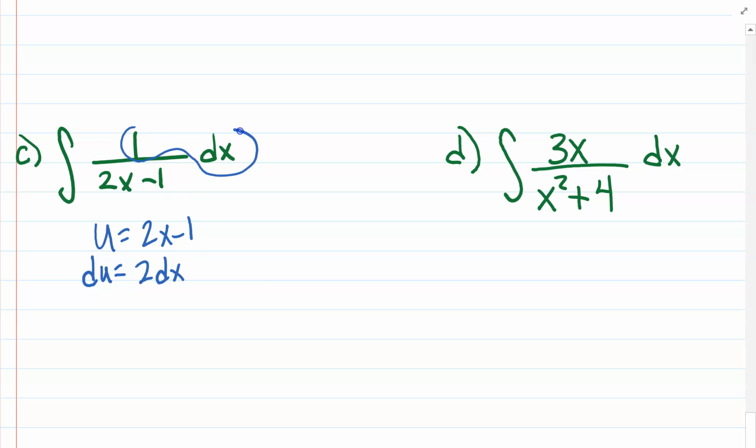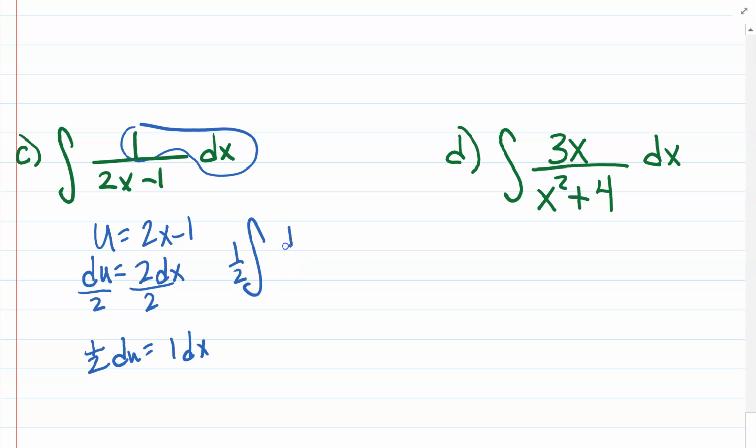And I have a 1 dx, so I'm going to divide everything by 2 to make it match. So 1/2 du is equal to 1 dx, and that's what I want. So now I have 1/2 the integral of 1 over u du, which is 1/2 the natural log of 2x minus 1 plus c.